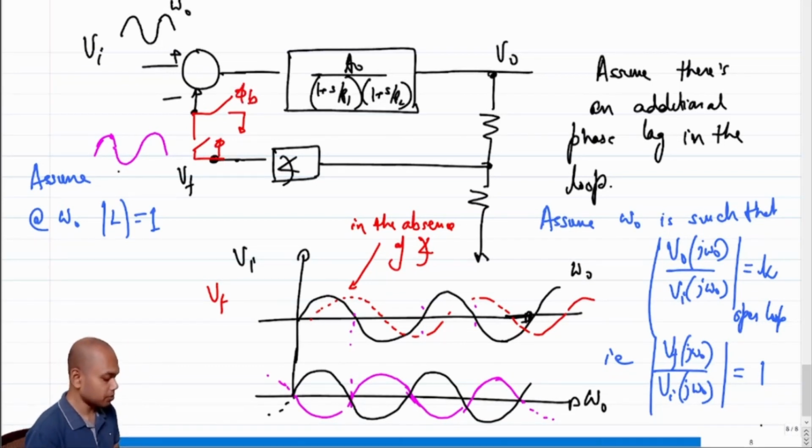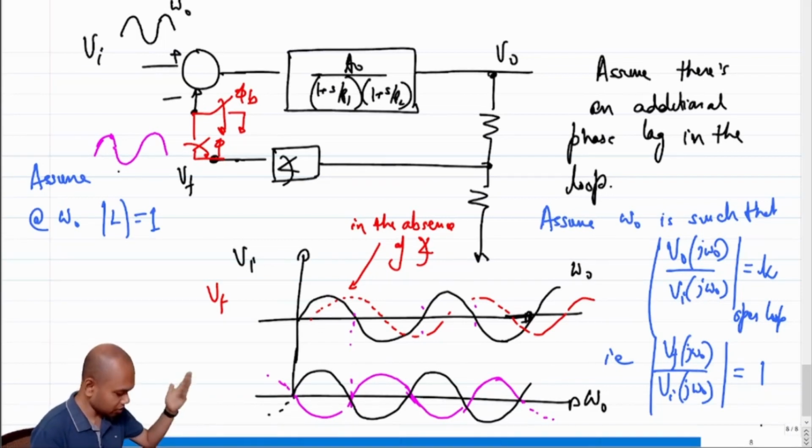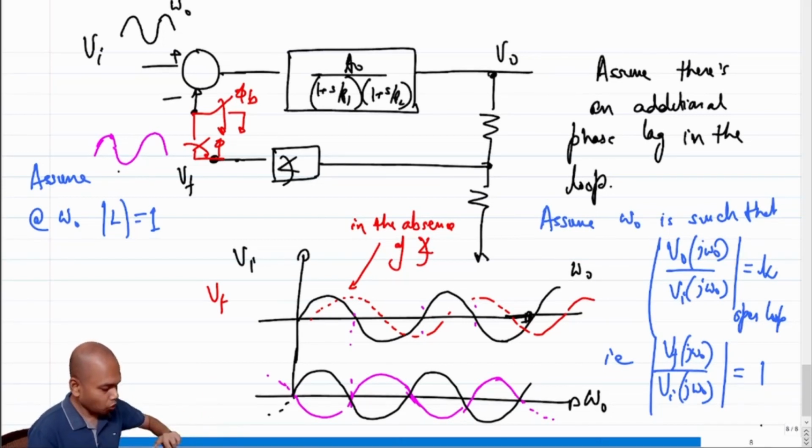So when phi is on, phi b is off. When phi b is on, phi is off. When the loop was broken, which means phi b was on and phi was off, this is what we are getting. Now let's say at some time t equal to t naught, at any arbitrary time you choose, I do the opposite. So I open phi b and I close phi.